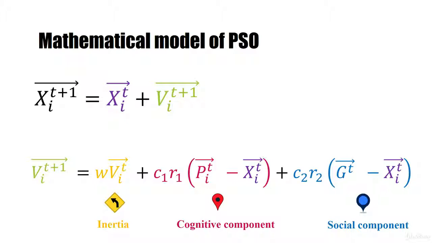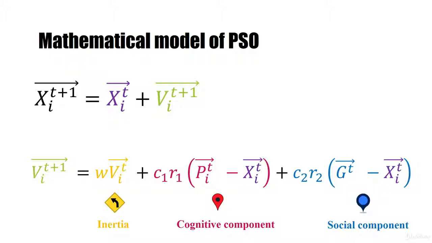There are also different terms for each component of the velocity vector. The first term is called inertia, since it maintains the current velocity. It maintains the current direction, the movement direction. The second component is called the cognitive component, or some people call it the individual component. This is because each particle considers the distance between its personal best and the current location. So that is why it is called the individual component.